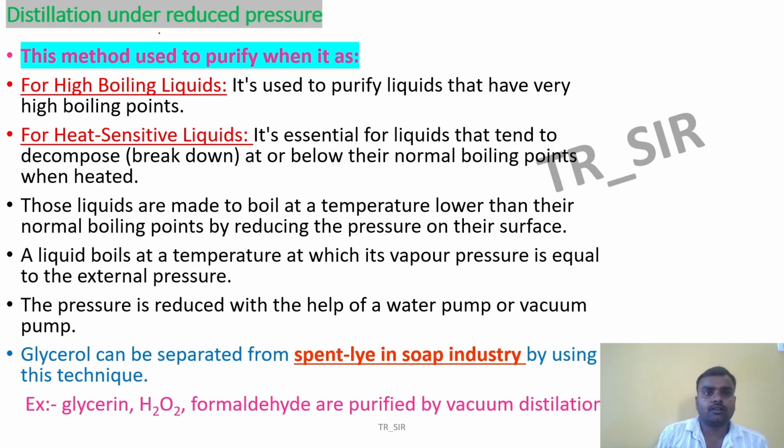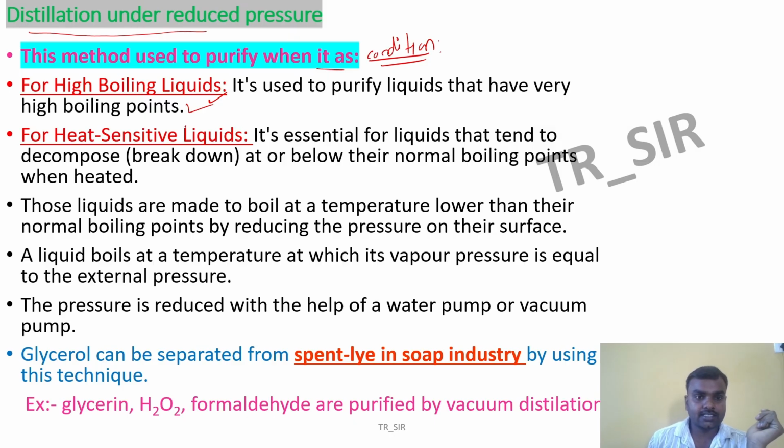What is the process we'll discuss? Distillation under reduced pressure. What is the primary condition for this particular process? This method is used to purify liquids that have very high boiling points. It is also used for heat sensitive liquids.